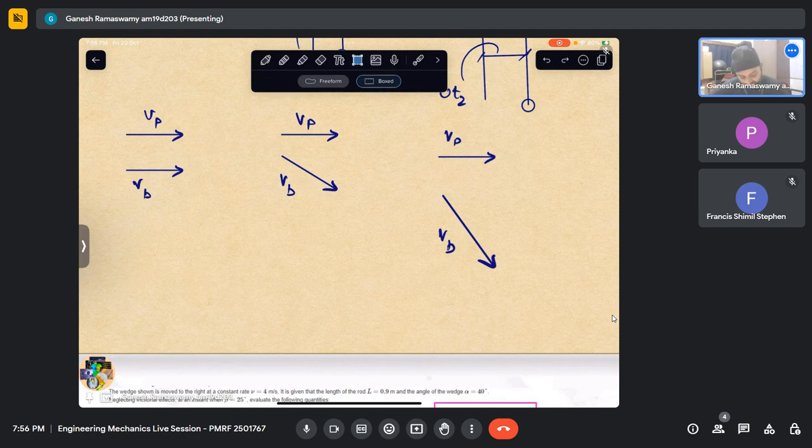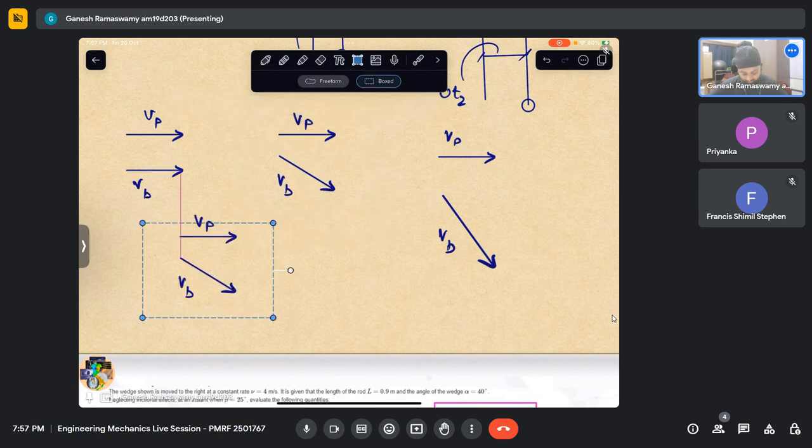In the next case, my relative velocity and Vp will actually make up this. What I'm trying to say is, there is something that needs to be added to my velocity when I'm observing this.